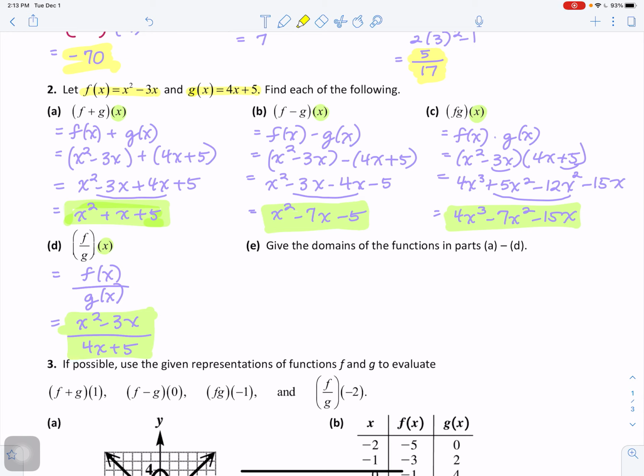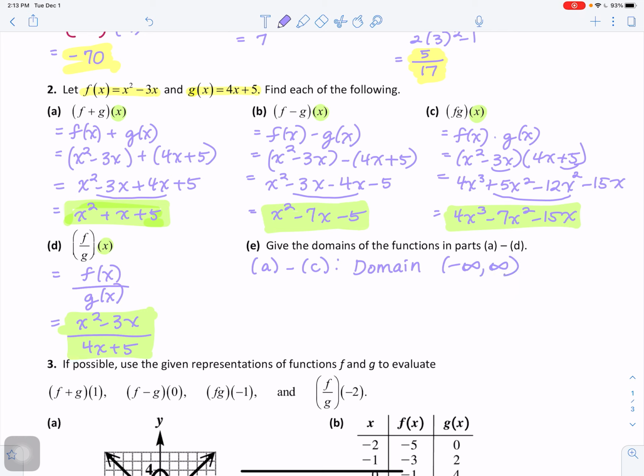So when you combine functions that have a domain of all reals, each of them, then the domain of the combination is also all reals, of each one of those.